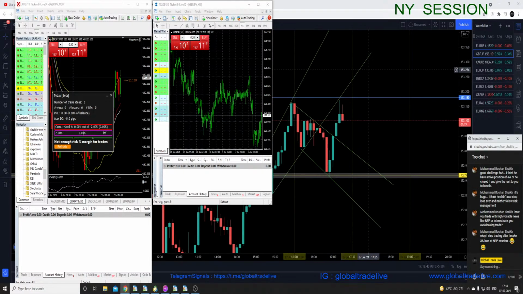It didn't break that area, so now it's rejecting the area which it rejected earlier. So now the bias might start to change from buy to sell, but I'm not sure about that.